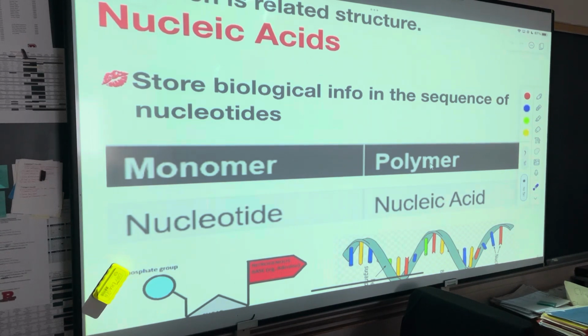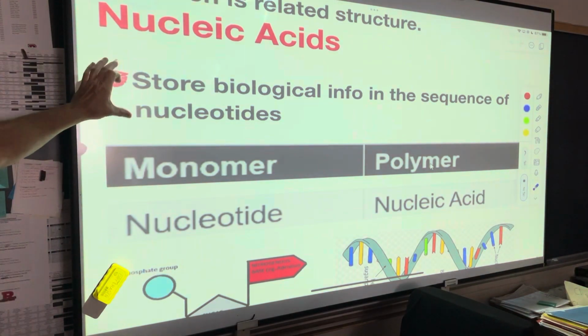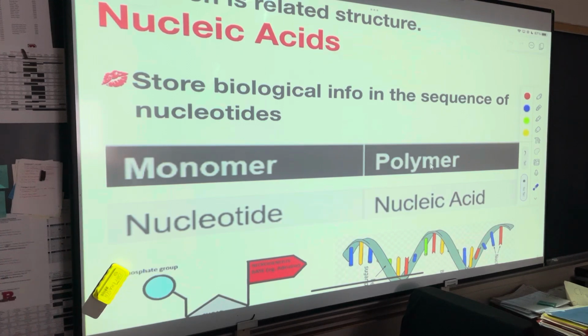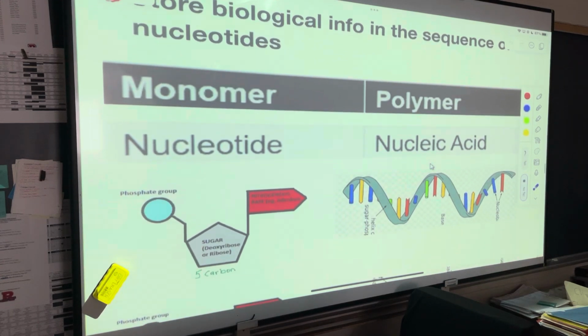We've talked about those. I haven't taken notes in a while, so I can't remember. Pretty sure we did. Okay, so the monomer is one unit, and the simplest, smallest unit of a nucleic acid is its nucleotide.